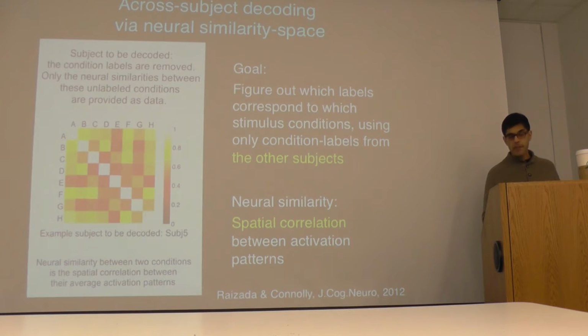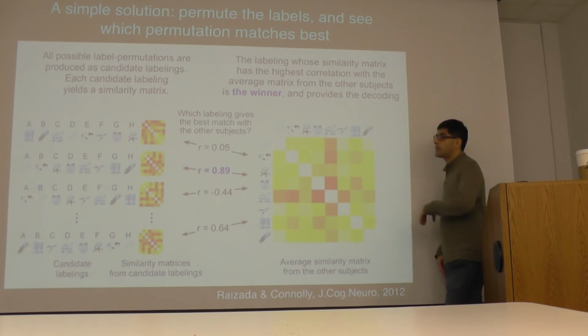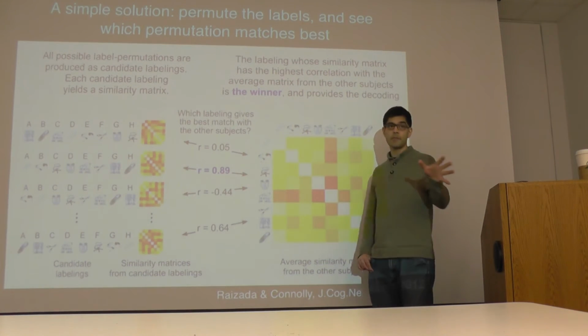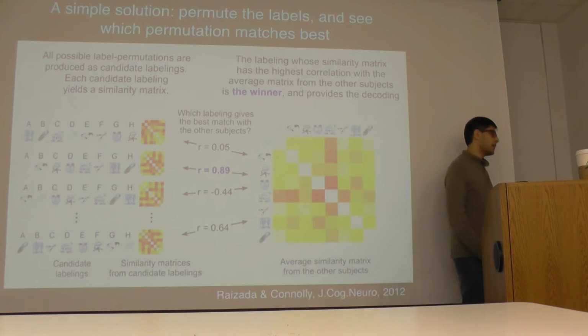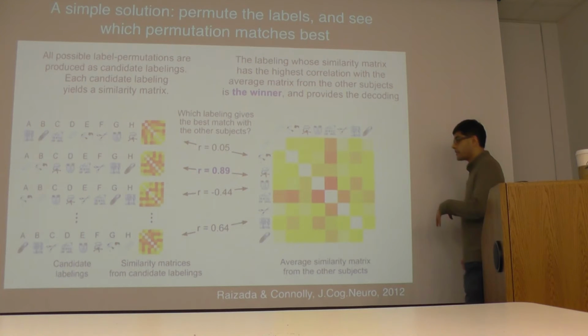Then I've got my training subjects, in this case the 6 subjects. I take 5 of them, and I know the labels for those. Those are my training. I take my test subject and take away the labels.